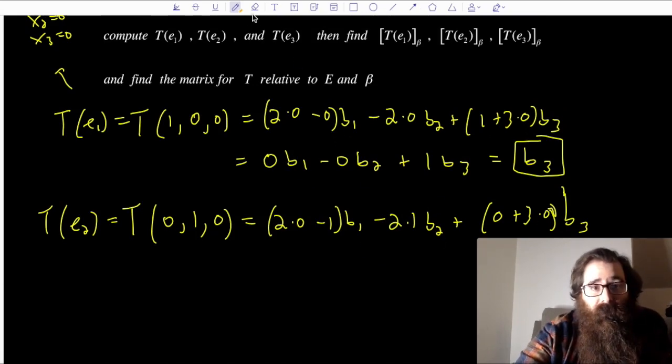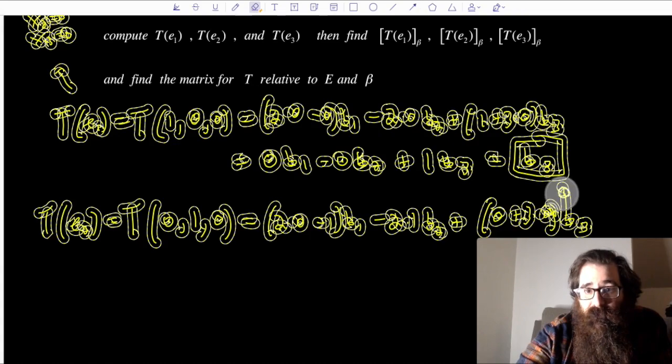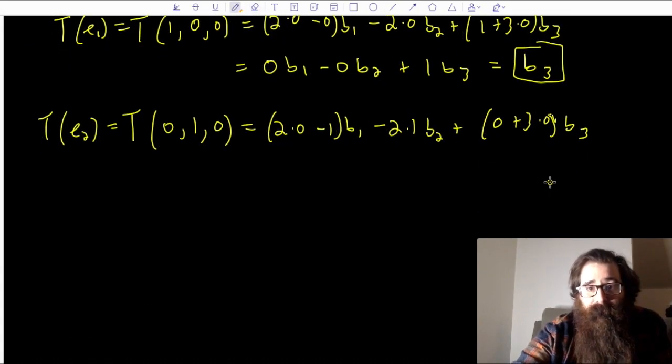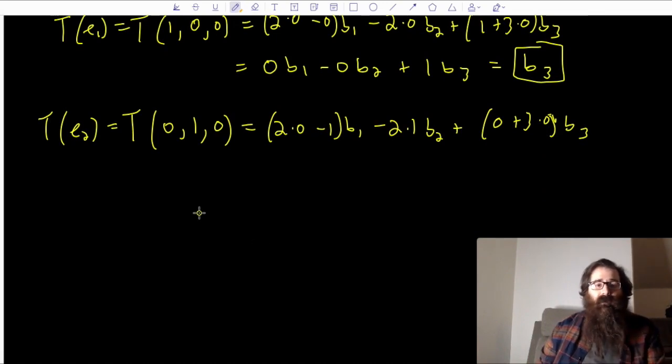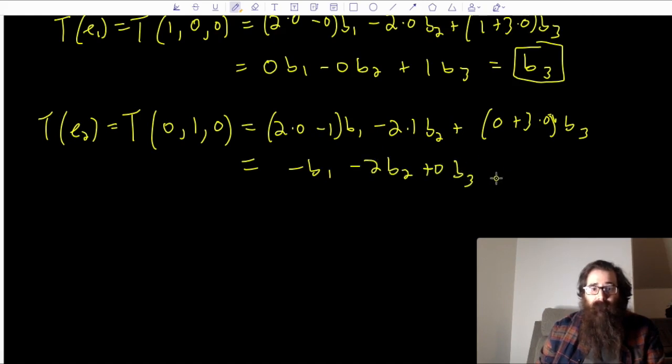Looks kind of crazy, so let's clean it up a bit. Now if I simplify, I get negative b sub 1 minus 2b sub 2 plus 0b sub 3. Or as a final answer, negative b sub 1 minus 2b sub 2.